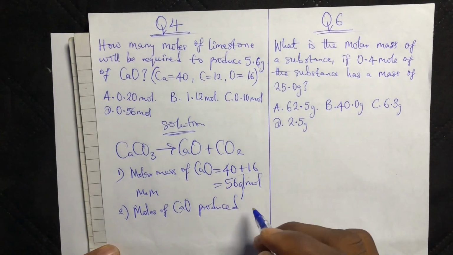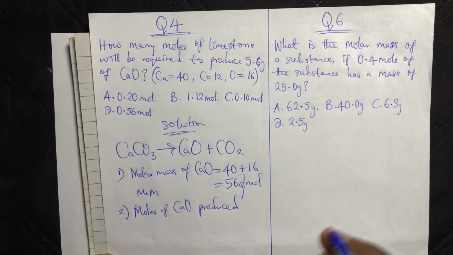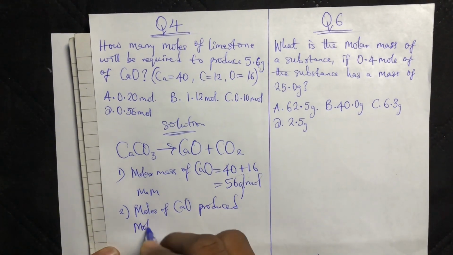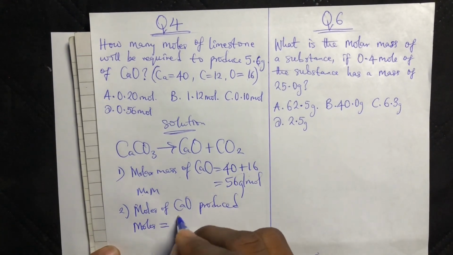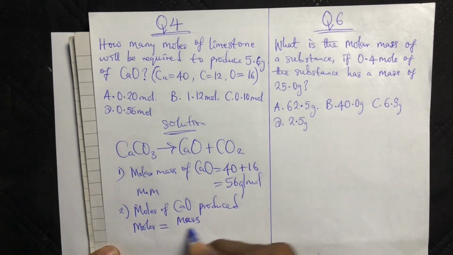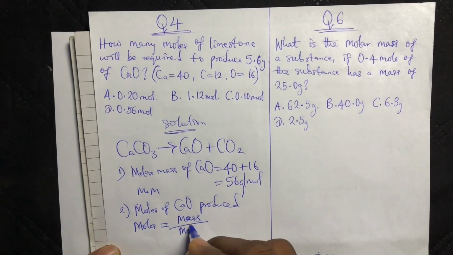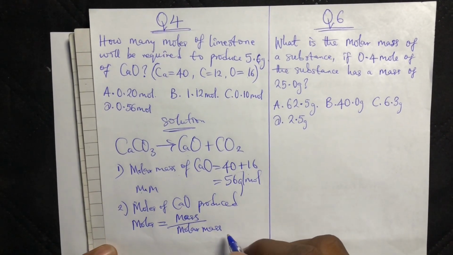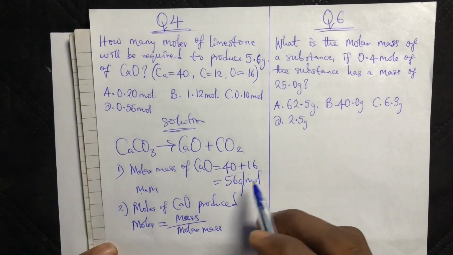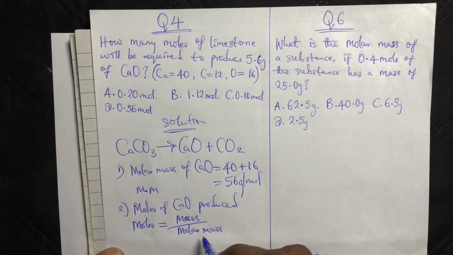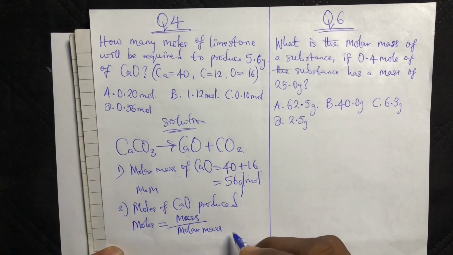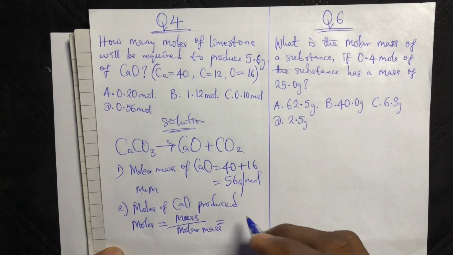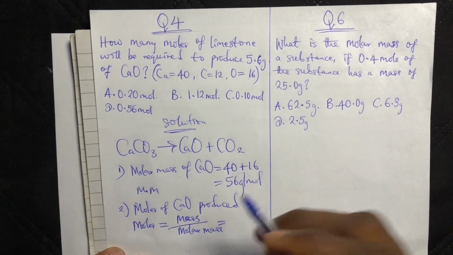The right formula to solve this particular question is the formula that says moles equal to mass over molar mass. This is the right formula that we are going to use to solve this particular question. And if you have moles to be mass over molar mass, then what is our mass?